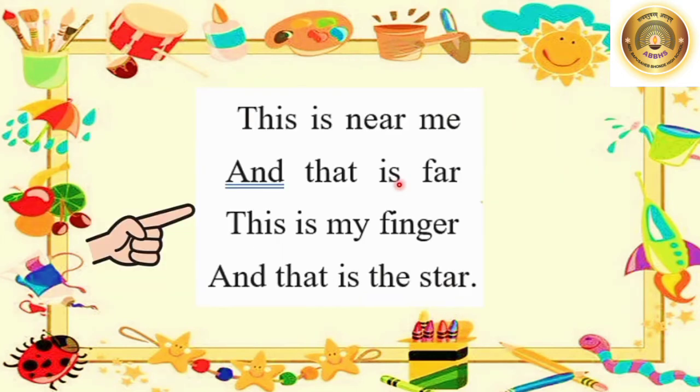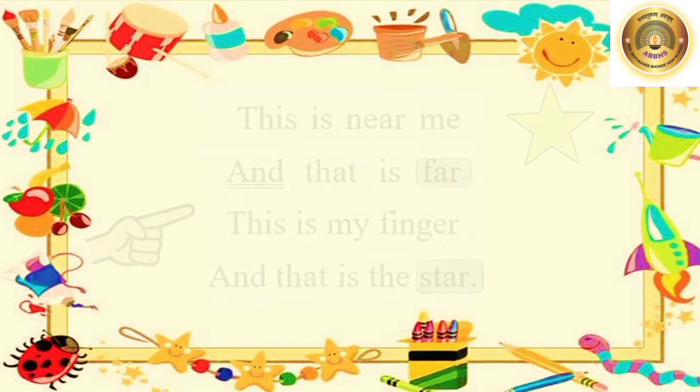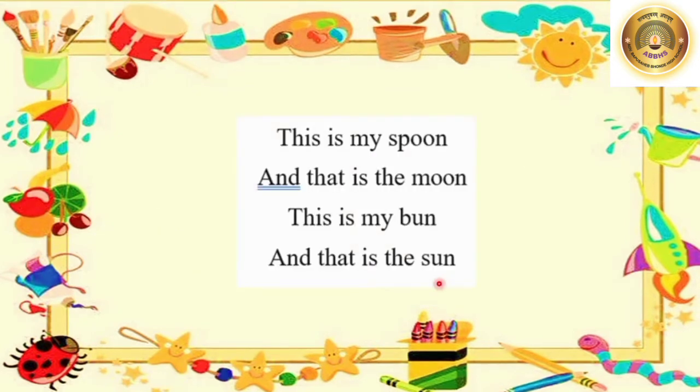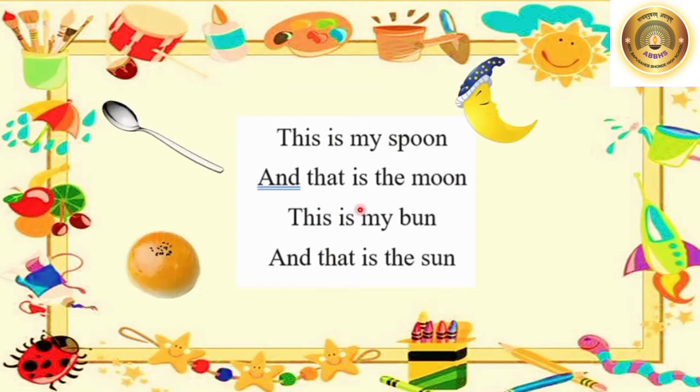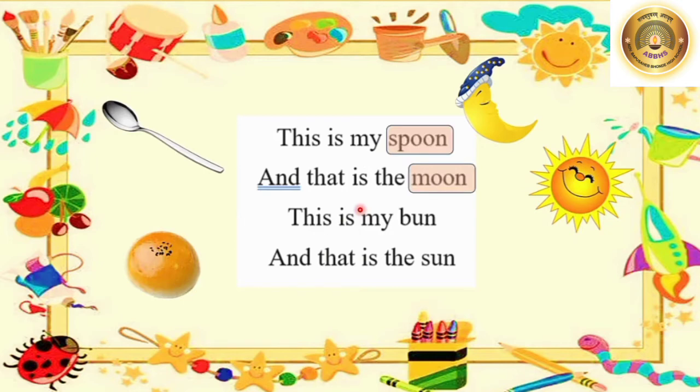Let's revise the poem one more time. This is near me and that is far. This is my finger and that is the star. Far and star are the rhyming words. This is my spoon and that is the moon. This is my bun and that is the sun.